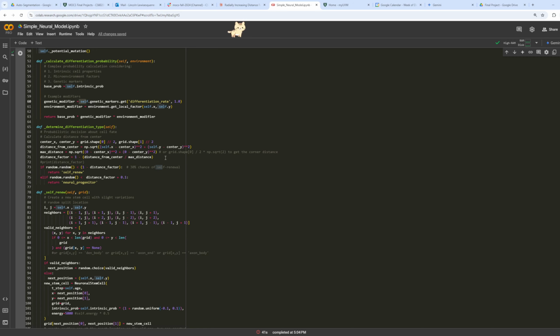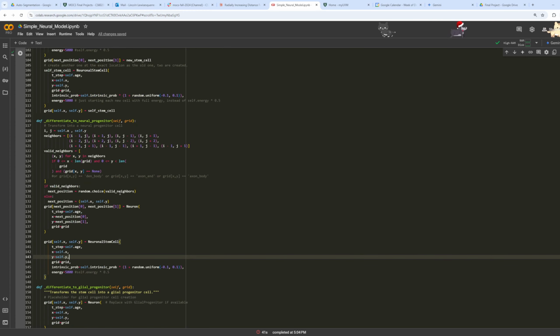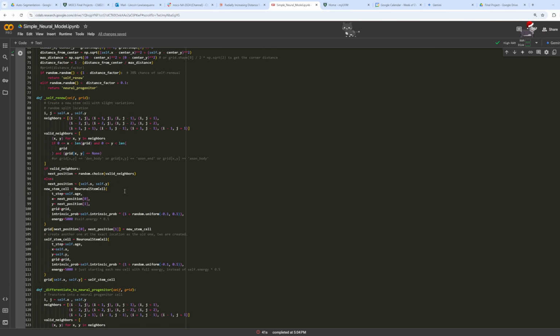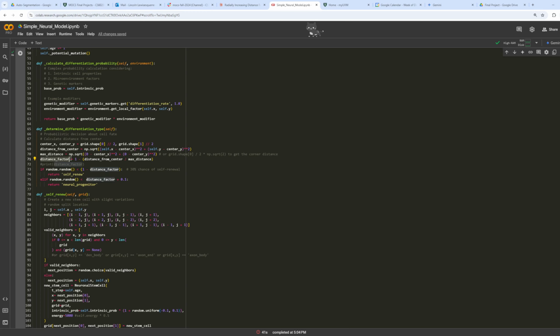Now, this one was slightly more tricky, but basically what I'm modeling here is the growth of the brain radially outwards. So what I have is this distance factor.